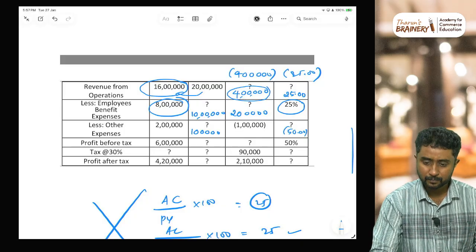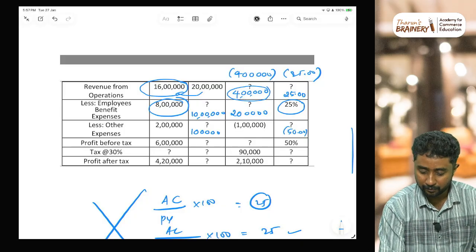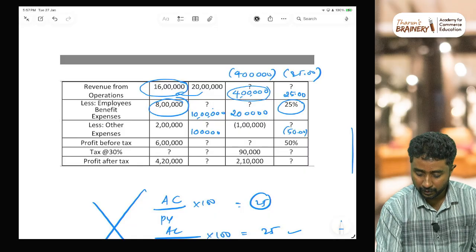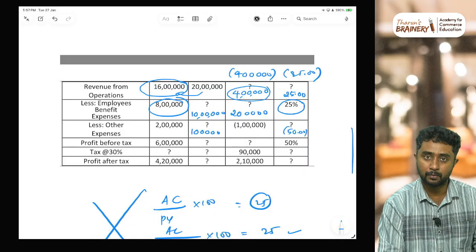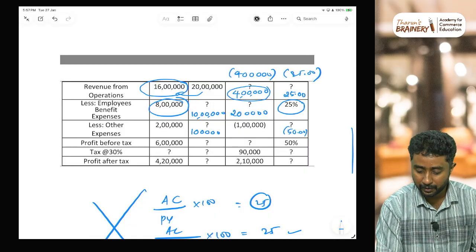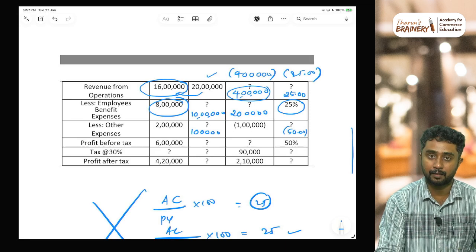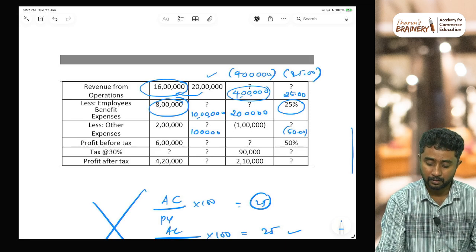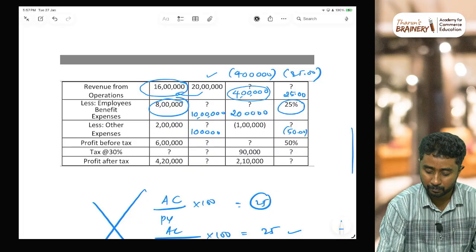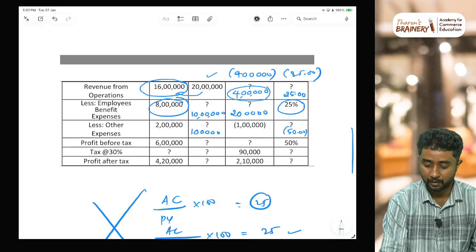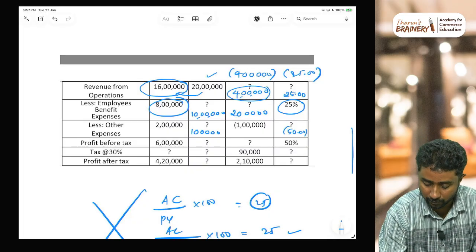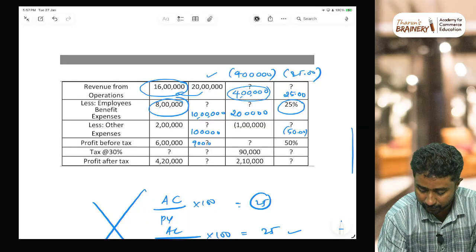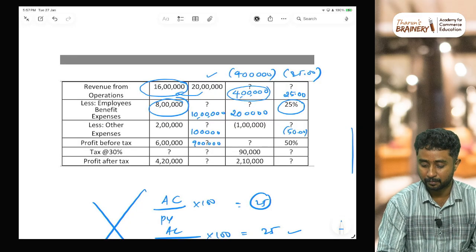Okay, so what are we supposed to do here? Revenue from operations is already given. We need to find out profit before tax, means remove all the expenses from that. 20 lakh was the current year's revenue. From there we are going to remove employee benefit expense and other expenses. So 11 lakhs we have to remove, which will leave us with 9 lakhs. 20 lakhs minus 11 lakhs.